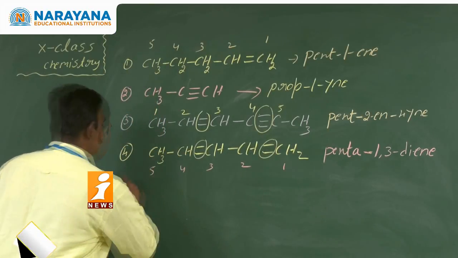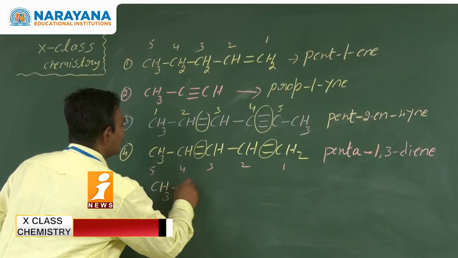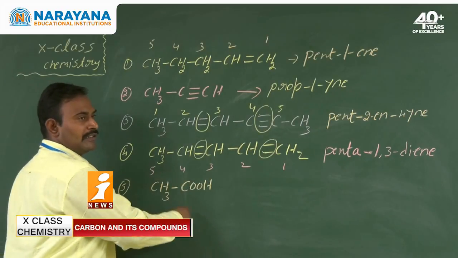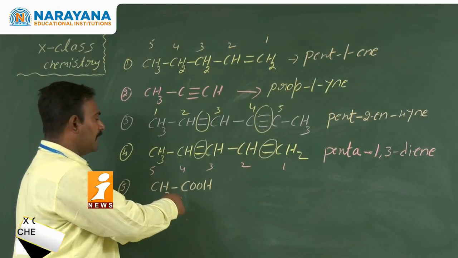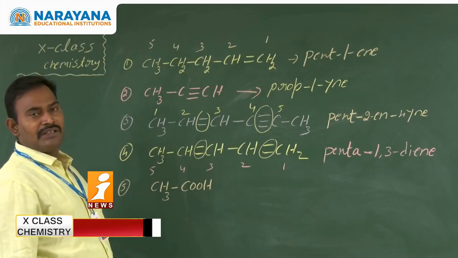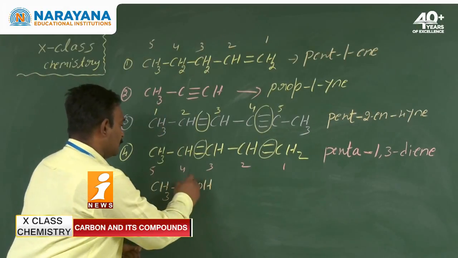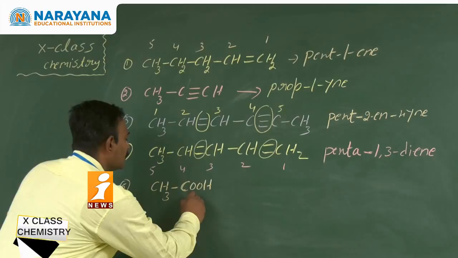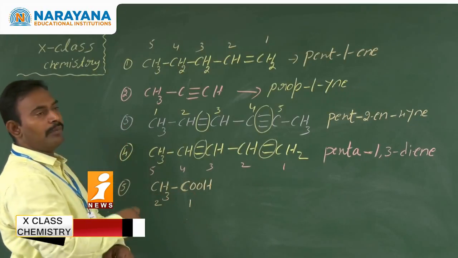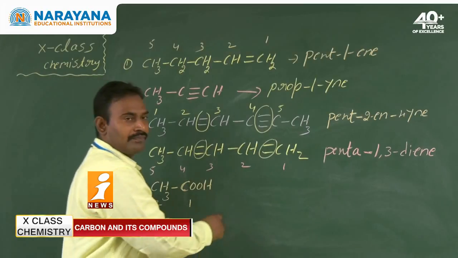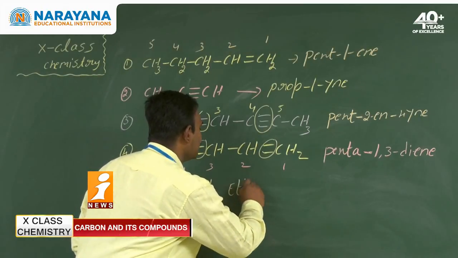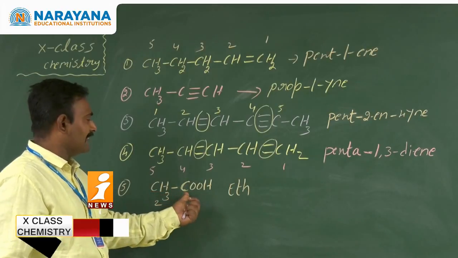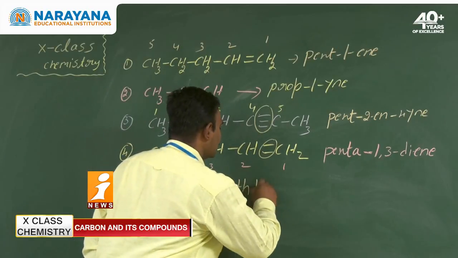Then see here: CH3COOH. Here a functional group is there. It is a terminating functional group, so it should get the most priority, which means it should get the least number. Numbering 1, 2. Total how many carbons are there? Two carbons. So what is the root word here? Eth. The two carbons have single bonds between them, so what is the primary suffix?